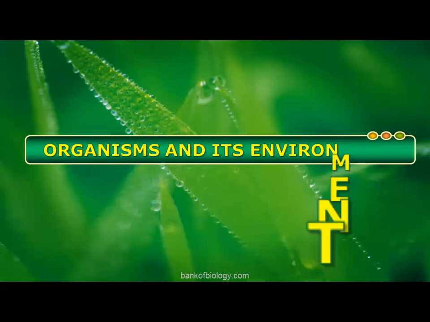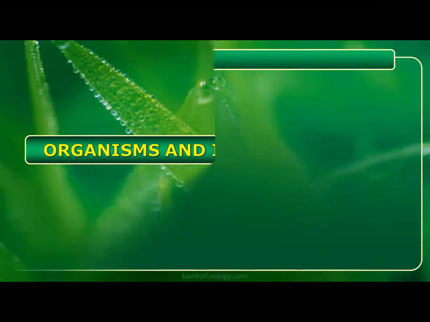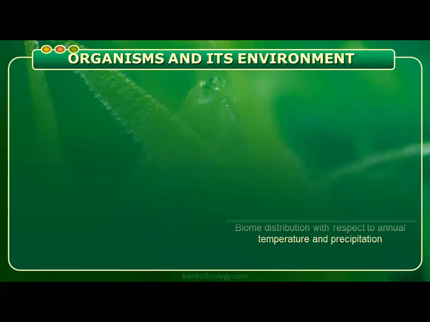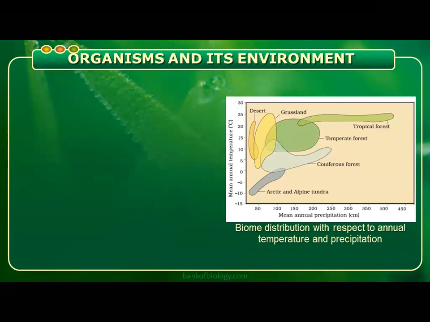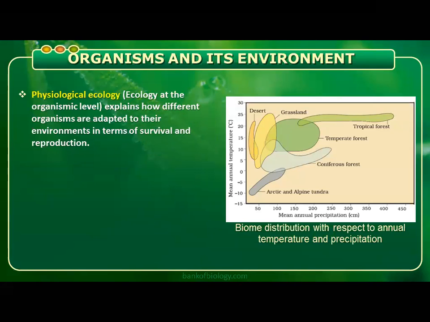So, organisms and their environment. Let's start with organisms and their environment. Here, this diagram plays a vital role in the examination: biome distribution with respect to annual temperature and precipitation.